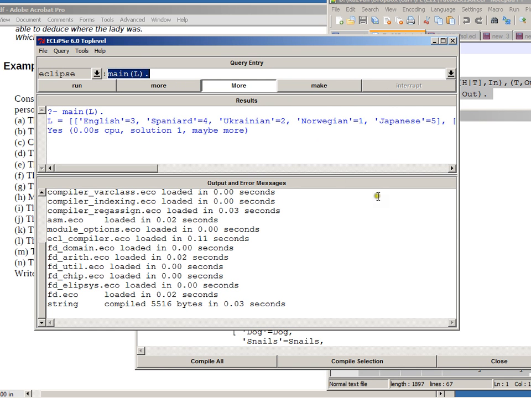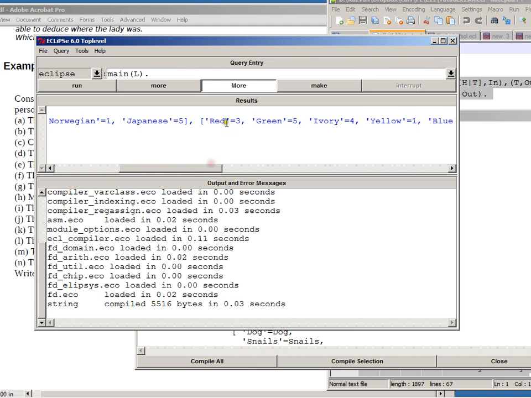And we get one very, very fast, right? So you see the English woman is in the 3rd house, Spanish the 4th, Ukrainian in the 2nd, Norwegian in 1, Japanese in 5. Then the 3rd house is red, so the English woman lives in the red house. So on. 5th is green, 4th is ivory, 1st is yellow, 2nd is blue.